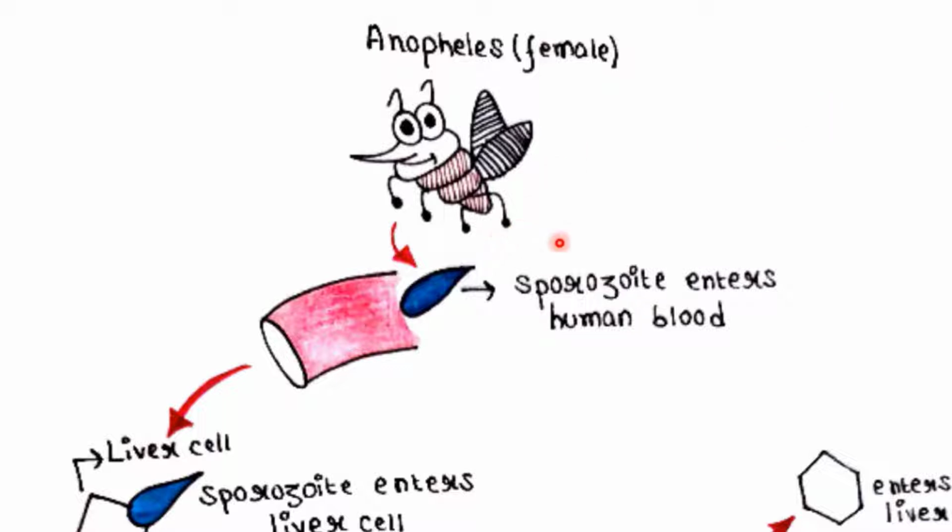This form of parasite is called sporozoite. Sporozoite is a motile infective form. When the mosquito bites a person to have a blood meal, it injects the sporozoite stage of Plasmodium in his blood.